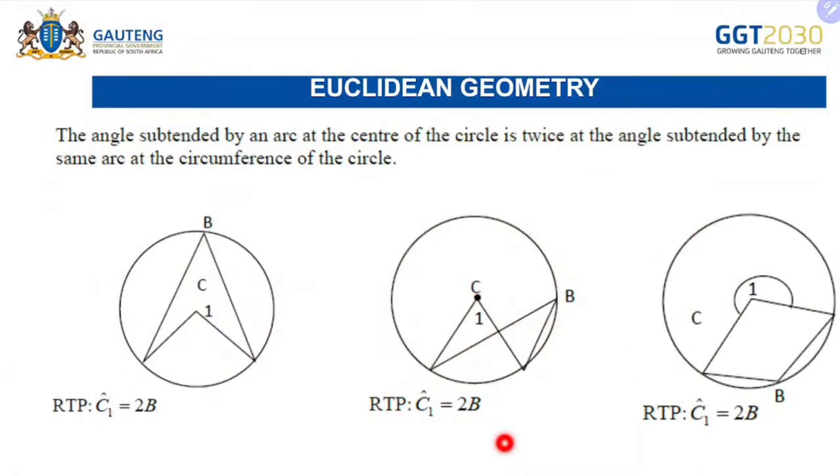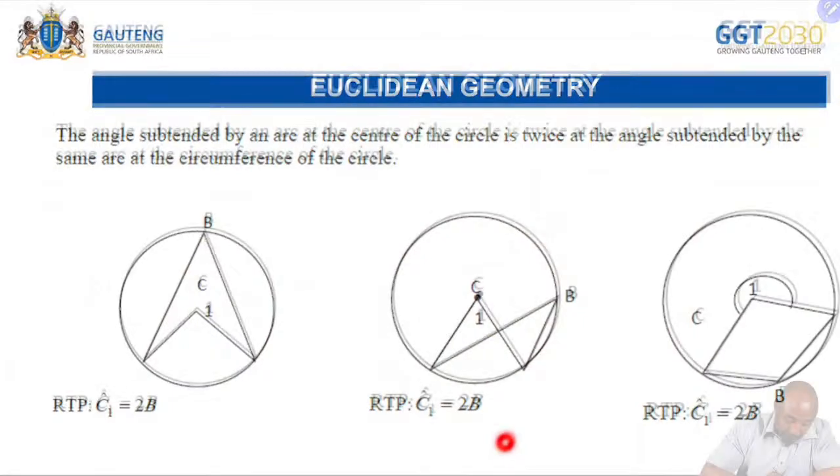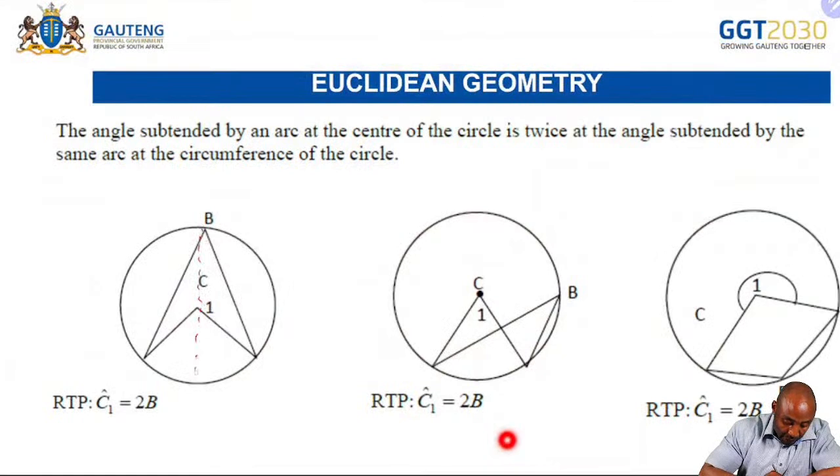Yes, the angle subtended by an arc at the center of circle is twice the angle subtended by the same arc at the circumference of the circle. This one, we have 3 different versions that can be examined, but for the past years, I think the first version of the theorem is the one that is normally examined, but it doesn't stop us from doing the other versions of the theorem proofs.